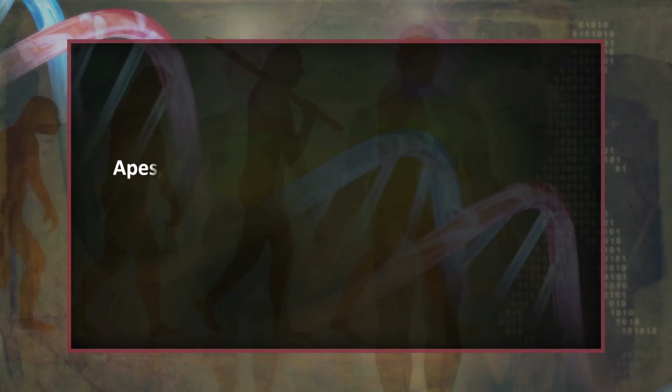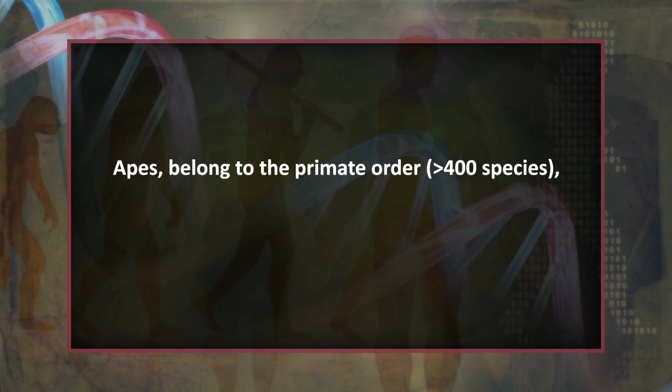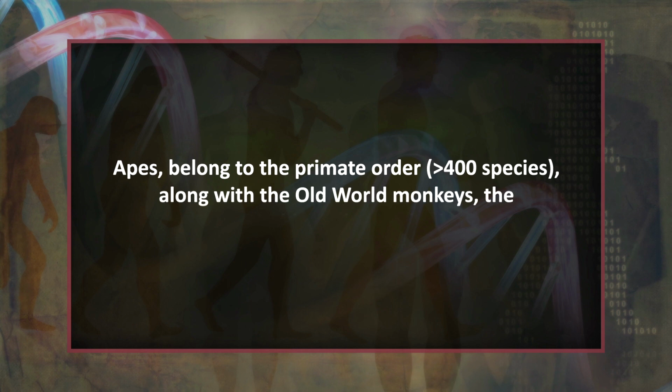The great apes with the family Hylobatidae of gibbons form the superfamily Hominoidea of apes. Apes in turn belong to the primate order along with the Old World monkeys, the New World monkeys and others.